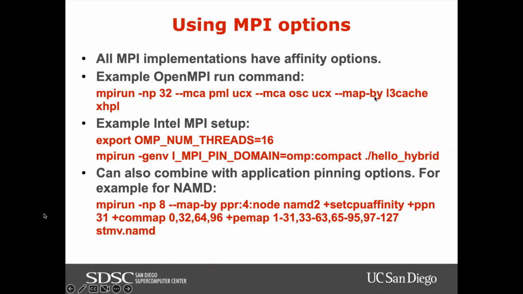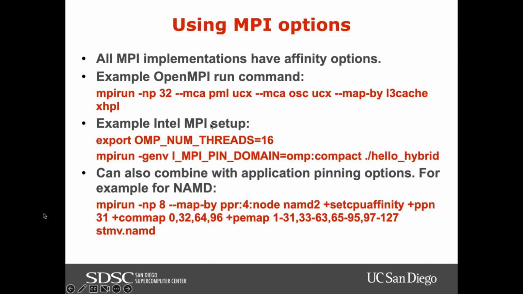But there is this --map-by L3cache option. It'll explicitly map it so that each of the MPI tasks is on a different L3 cache, and then the threads will follow. So if you have 4 threads, they'll end up on the same L3 cache.